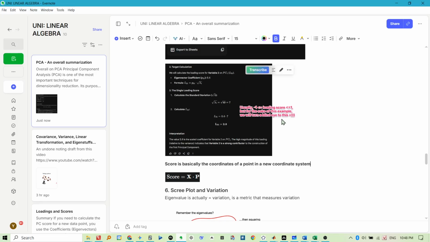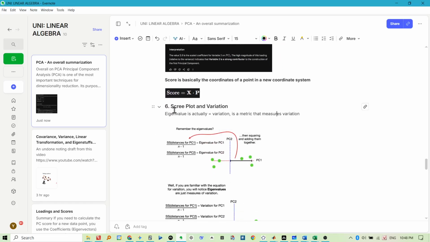So the higher the compatibility, the closer the loading score is to -1, the less the PC will be similar to the original features. The score is basically the coordinates of a point in a new coordinate system. It's a change of basis transformation. Okay, get it? I think you get it.